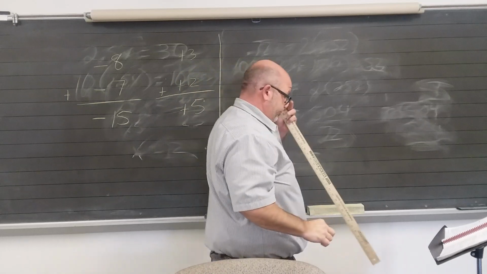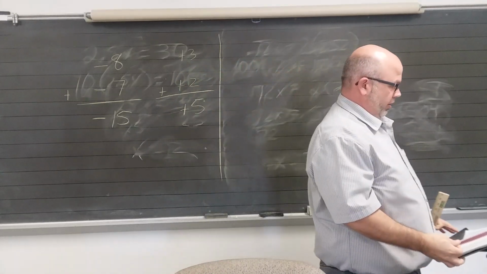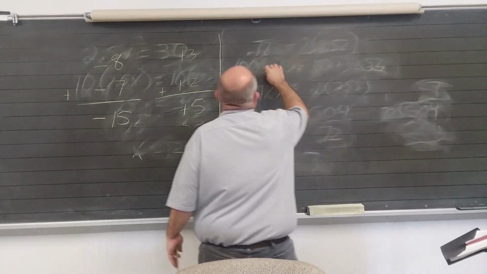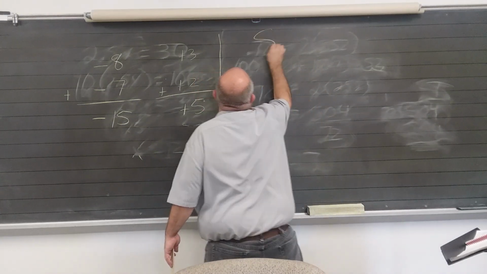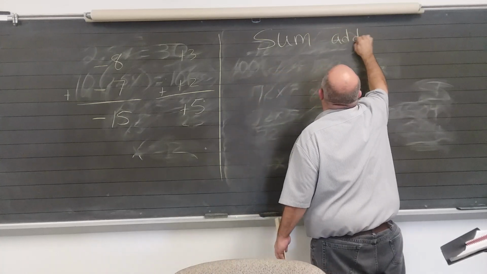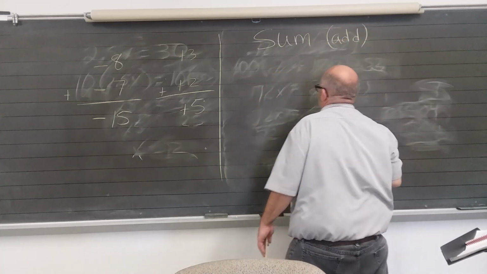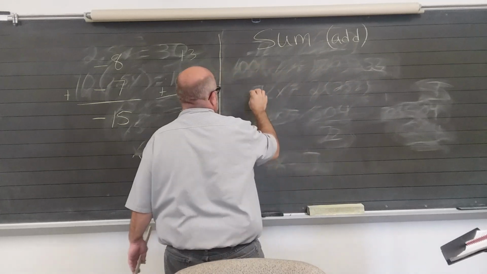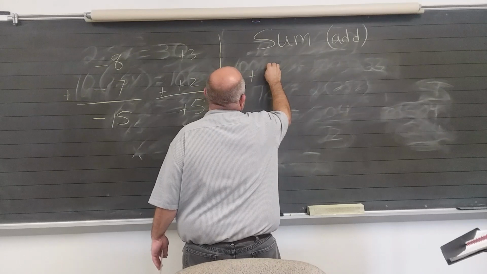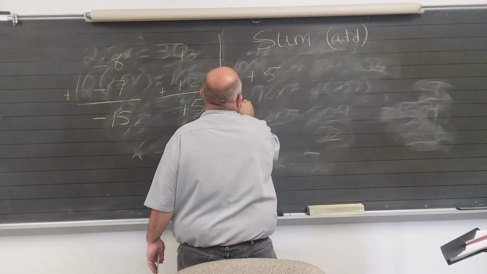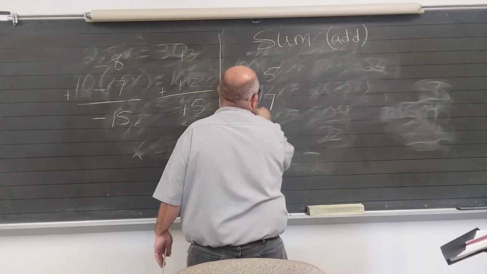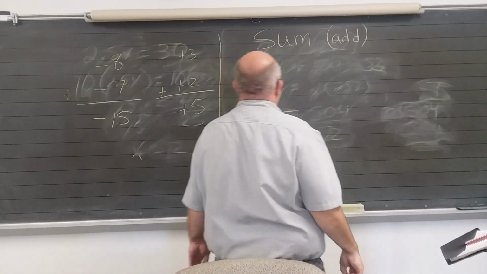What about if the signs are different? All right, remember you're adding. Well, yeah. So what is the sum? You want sum. It's addition. But what if the signs are different? What if we have a +5 plus a -7? All right?